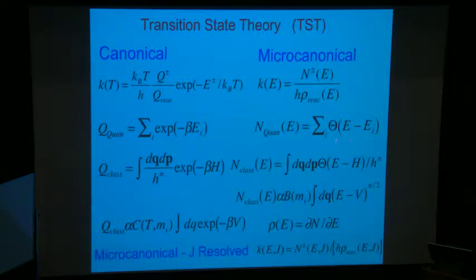There is, again, a simple classical analog of this. The simple classical analog is we integrate over phase space again. Instead of just summing up, we integrate, and we take, again, a step function. We, again, normalize by Planck's constant to the n. Again, our actual derivation, if we just simply plug things in from that last result for the rate constant, we would get this expression.